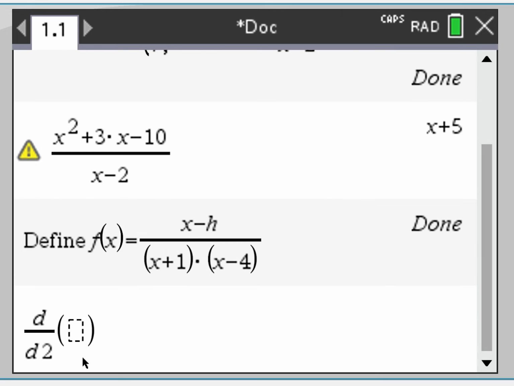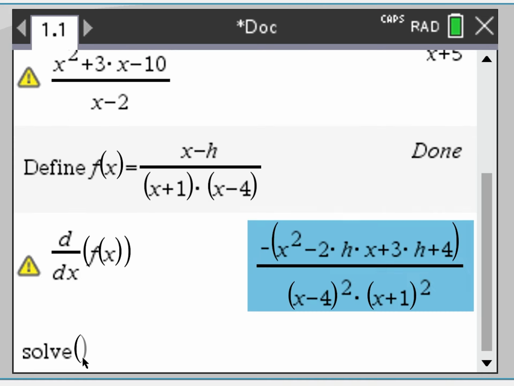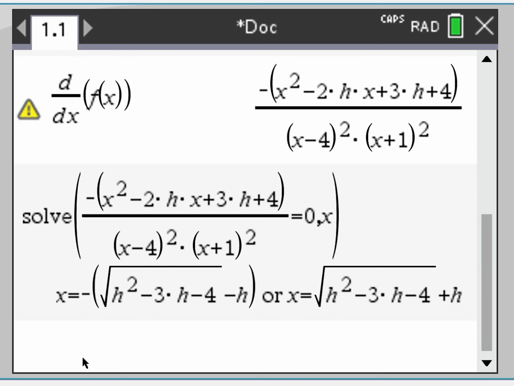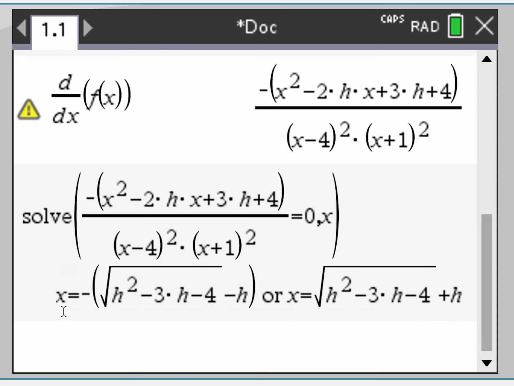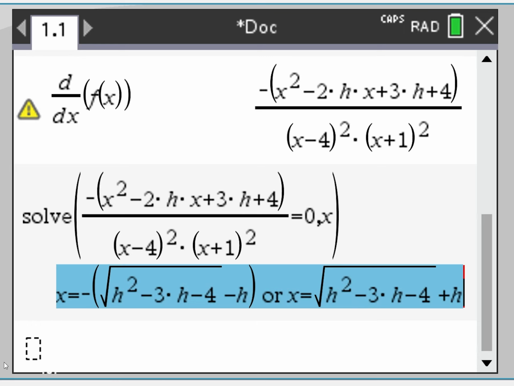So menu for 1, f of x, solve that when y equals 0. So these are the x coordinates of the stationary points in terms of h. If I want to make them undefined, because we don't want any turning points, we have to make both of these undefined essentially.